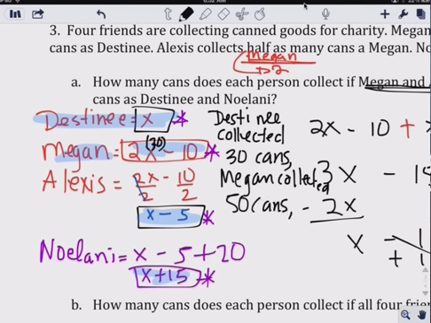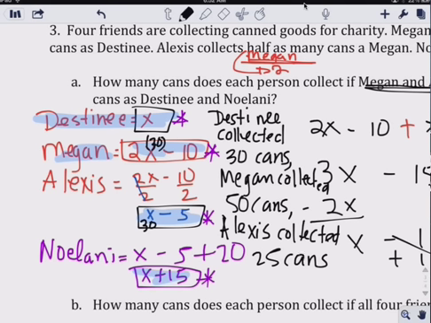Good job, Megan. Alexis is x minus 5, and x is Destiny's 30, so 30 minus 5. Alexis didn't do badly either. Alexis collected 25 cans. And Nolani was Destiny plus 15, so 30 plus 15. So Nolani collected 45 cans.